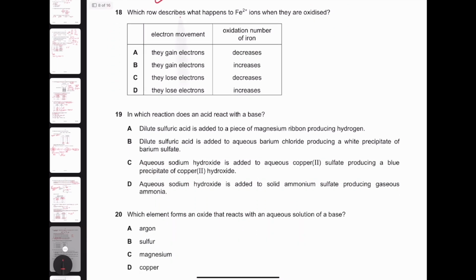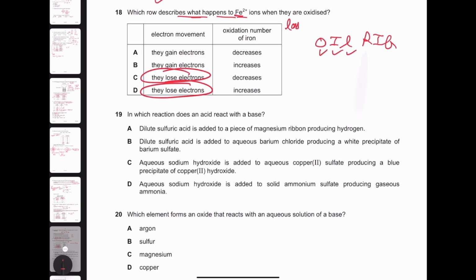Which row describes what happens to iron 2+ ions when they are oxidized? See, oxidation simply means loss of electrons, right? So they lose electrons. You can remember the mnemonic OIL RIG: oxidation is loss, reduction is gain.